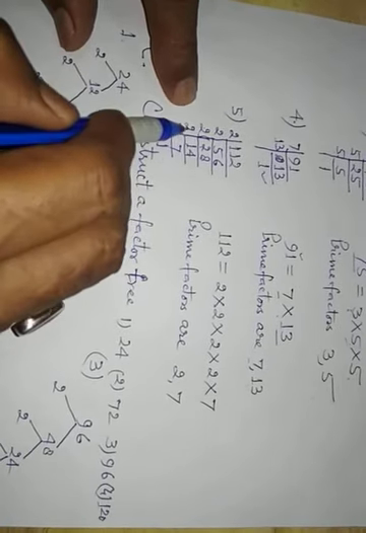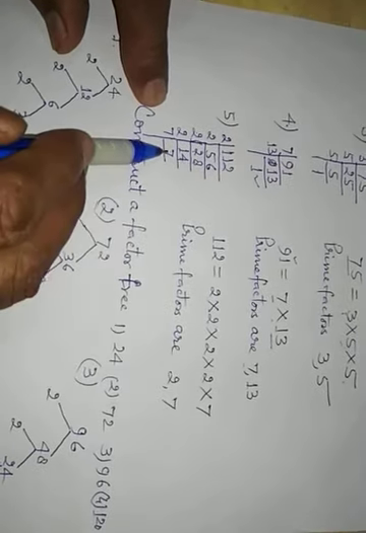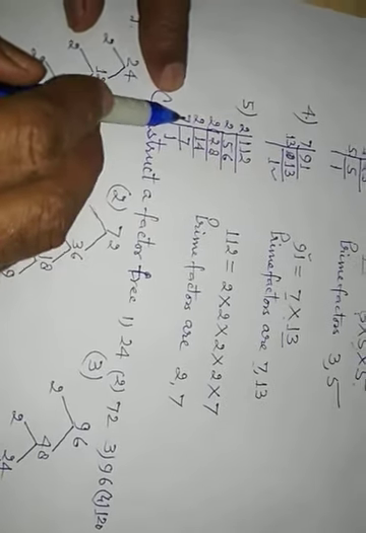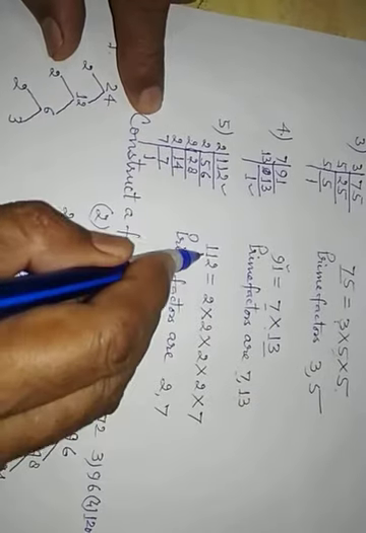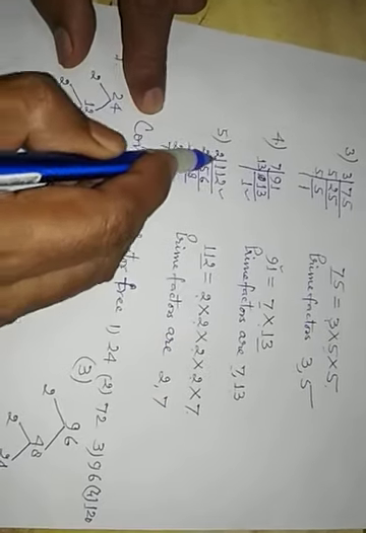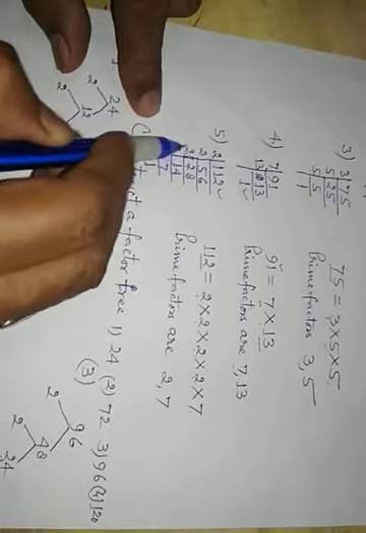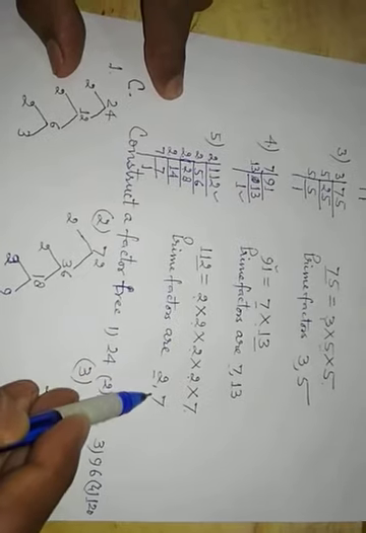Again 14 can be divided by 2. 2 7 are 14. Again 7 can be divided by 7. 7 1 are 7. In this way 112 can be written as 2 into 2 into 2 into 2 into 7. So prime factors are 2 and 7.